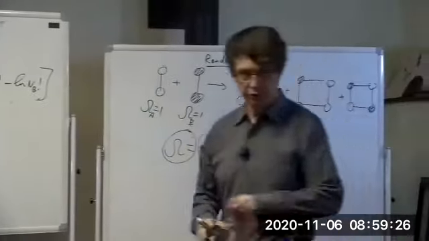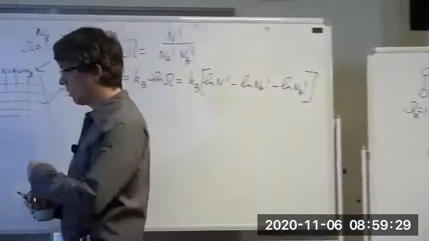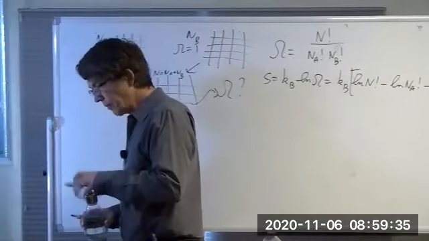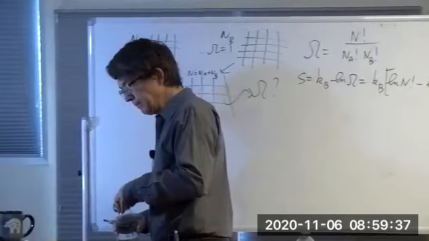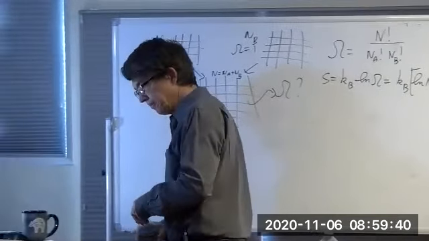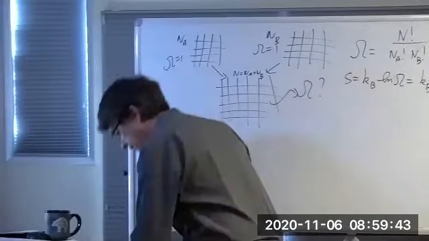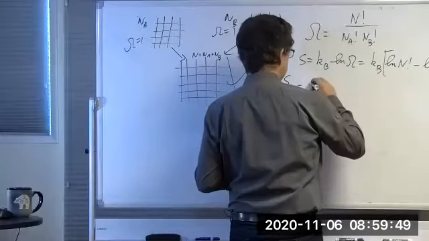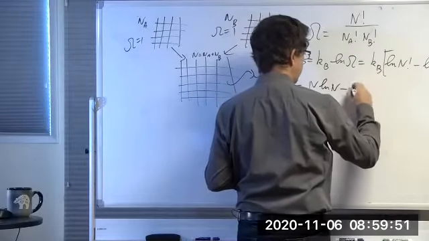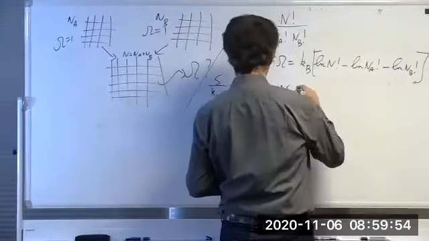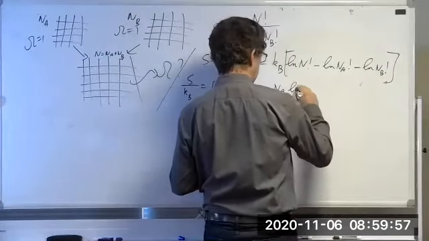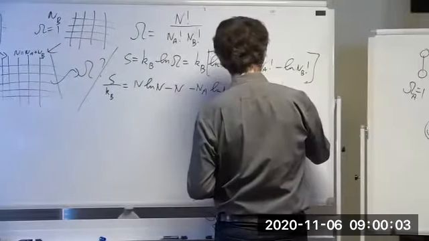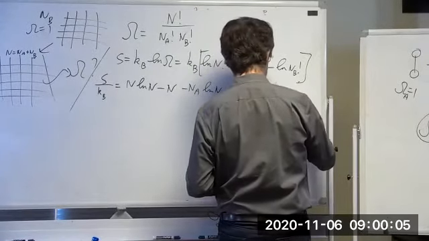Same as always, we use Stirling to take the log of the factorials out. So this gives us N log N minus N from the first term, and then minus Na log Na plus Na from the second term, and minus Nb log Nb plus Nb.